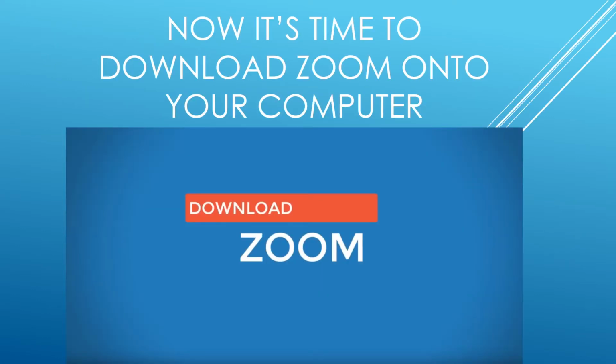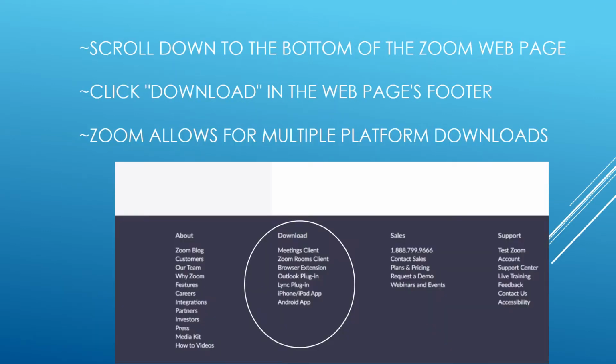Now it's time to download Zoom onto your computer. So you're still on Zoom's page that I had you log into at the beginning of the tutorial. So you want to scroll down to the bottom of the Zoom web page. You will find download. You're going to click download in the web page's footer, and as you can see, Zoom allows for multiple platform downloads.